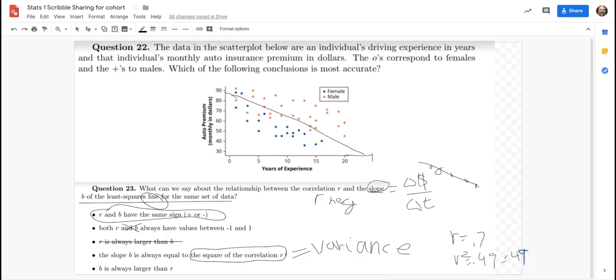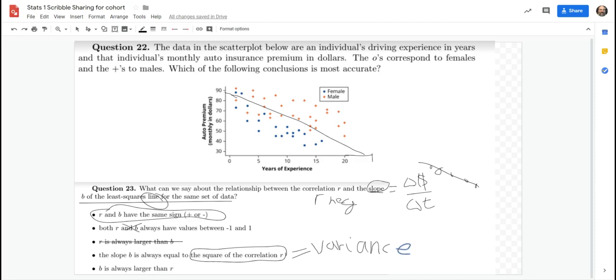We could say something like 49% of the variation in the SAT scores can be explained by the family income, right? The family income explains 49% of the variation. Not explains, sorry, wrong word. Predicts 49% of the variation of the SAT. Just wanted to divert into that topic because it is close to scatter plots. It's something that one can say when you've got the R value, which comes from a scatter plot.